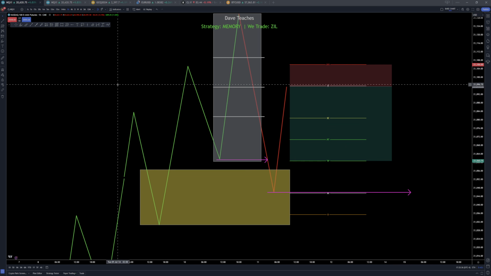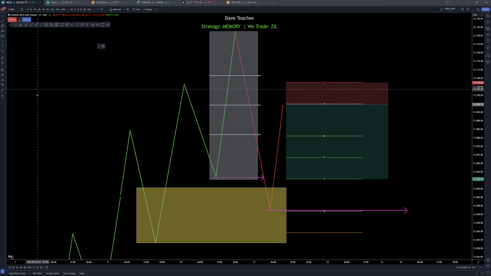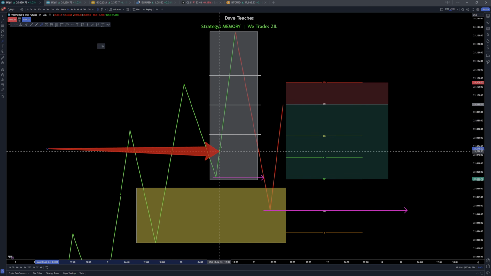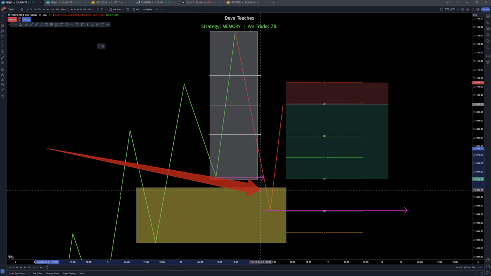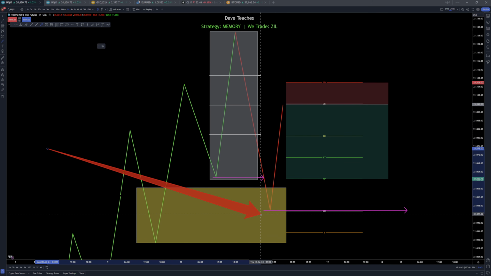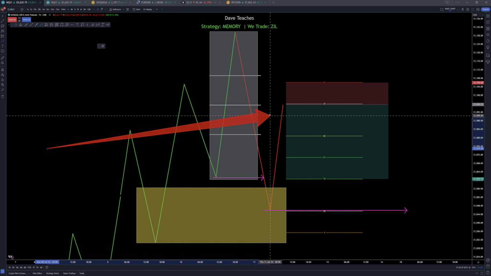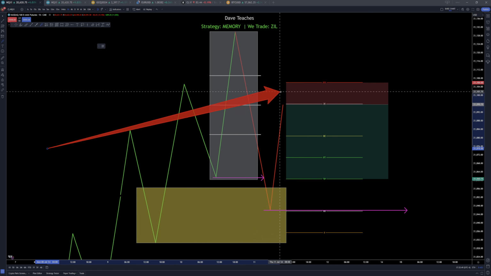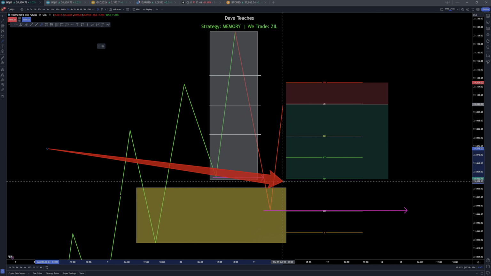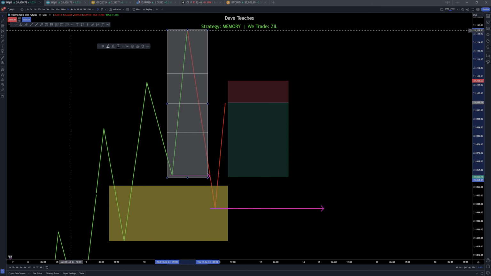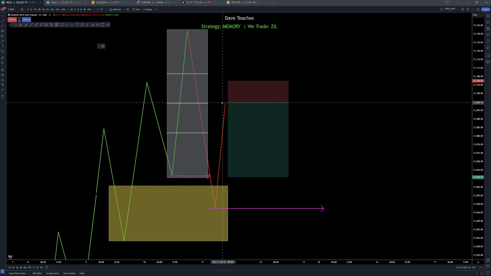Is it the 70% of the zone that we have to the left, the zone that was created after the break? No, it is 70% of the move that traded back into the zone. It's 70% of the way back down. If I want to fib this entry right here, I'm able to check zone. That's the click.